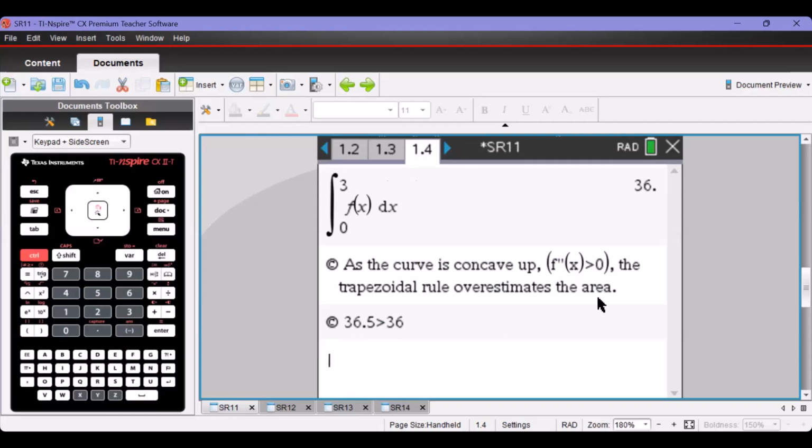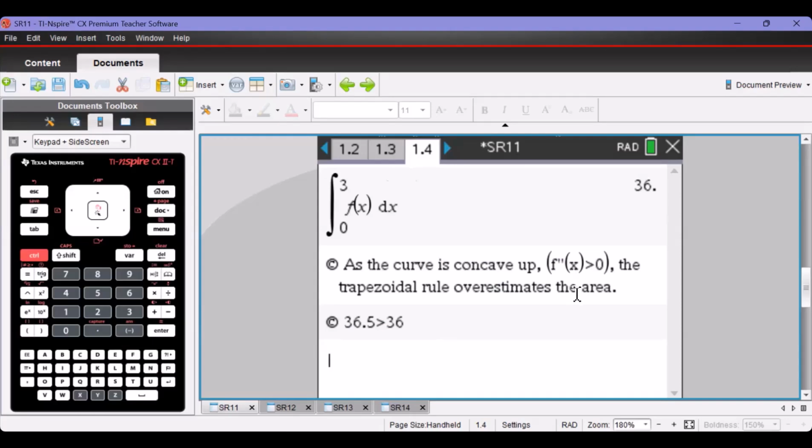Now, when we use the trapezoidal rule, we need to think about the concavity of the curve. And we've got a positive parabola, which means that the curve is concave up, which means that the second derivative is always greater than 0. In fact, if you differentiate f of x twice, you get an answer of 8, and 8 is greater than 0.